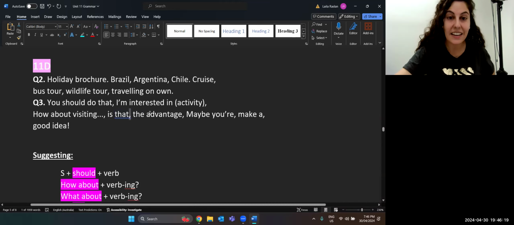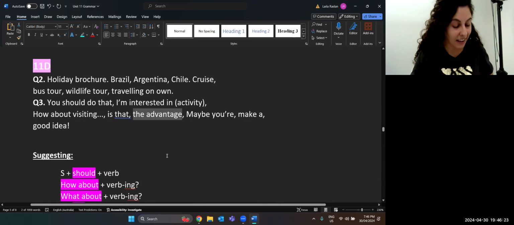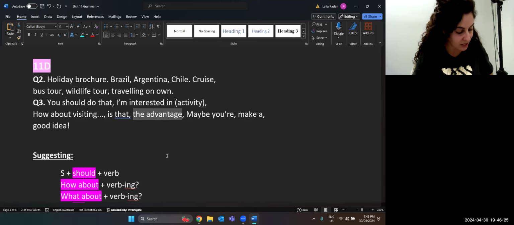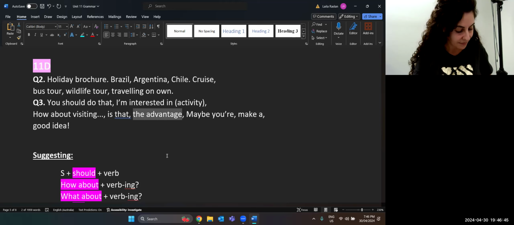But the advantage, so that means the good thing, is that you see more with a tour guide. That's true, because the tour guide knows where to take you. The tour guide will show you all the places. It's more fast. You can ask questions. That's a good thing. The advantage is if you have a tour guide.